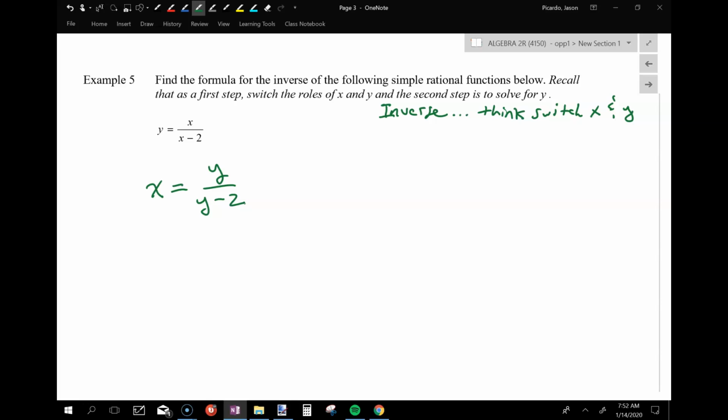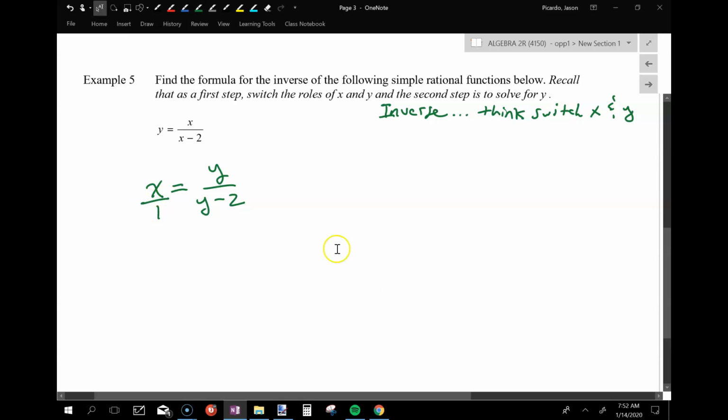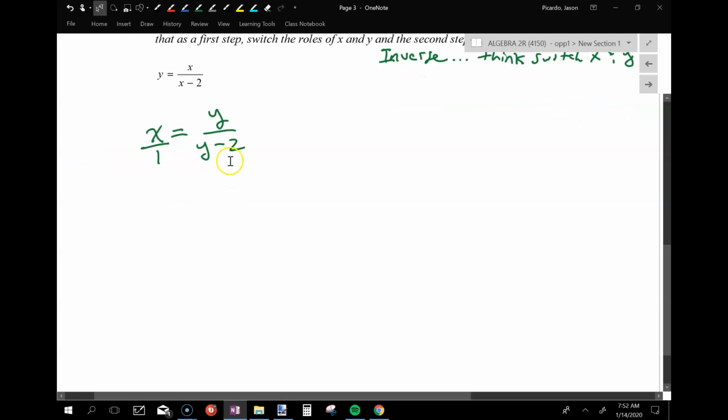Now we got one issue here. The issue is that we want to solve for y, right? I'm going to put this x over 1. Is that cool? How do I solve a fraction equals a fraction? I butterfly it, right? I do this and I do this. So I do y times 1 equals x times y minus 2.